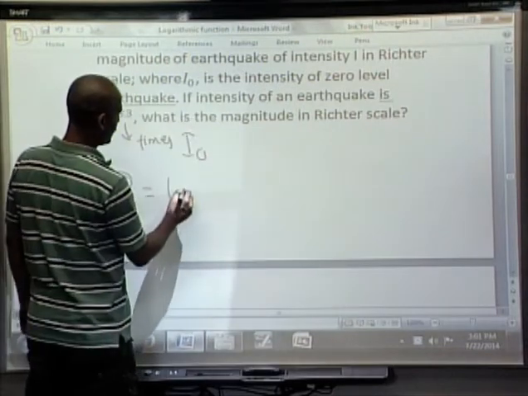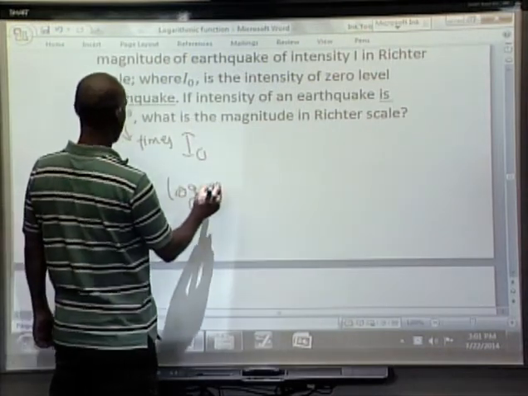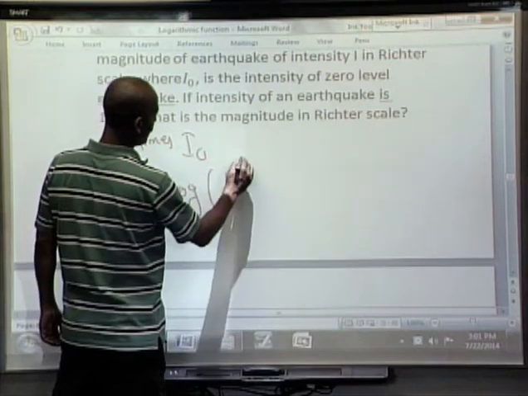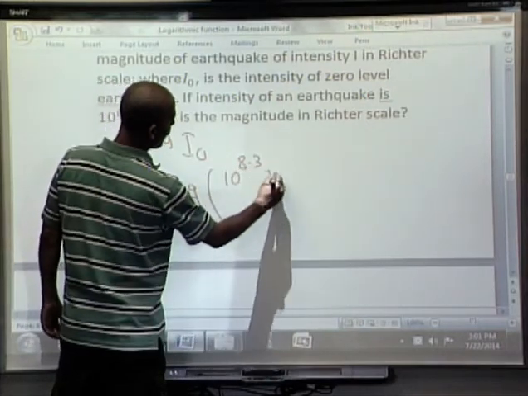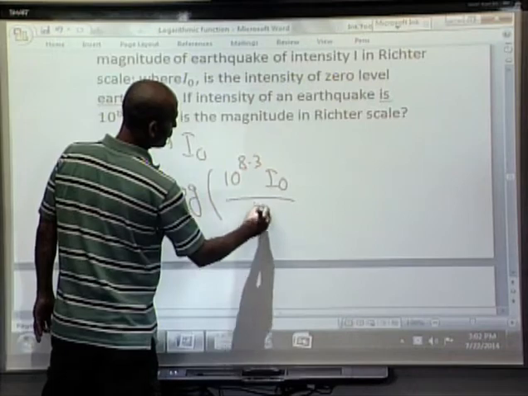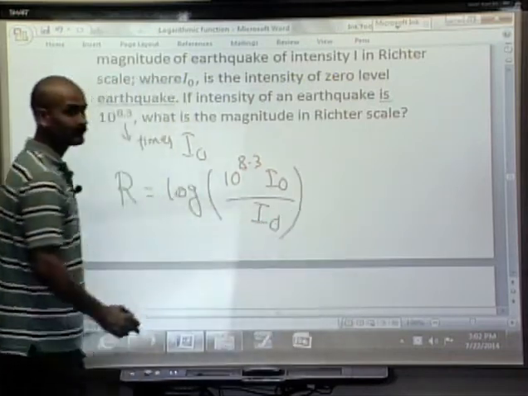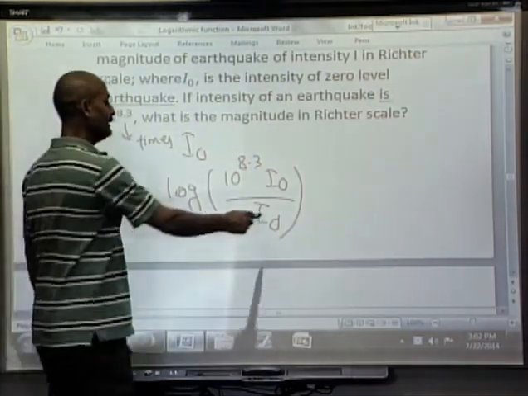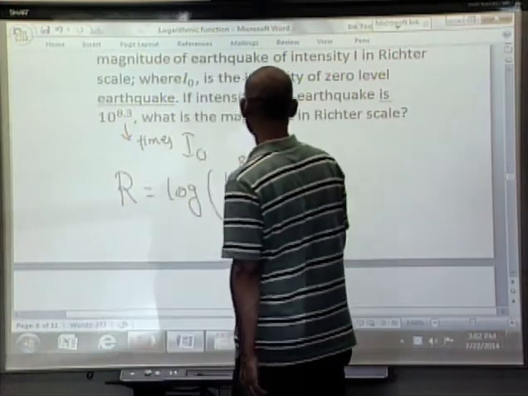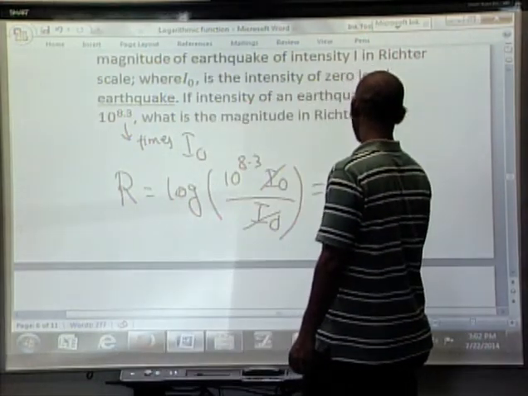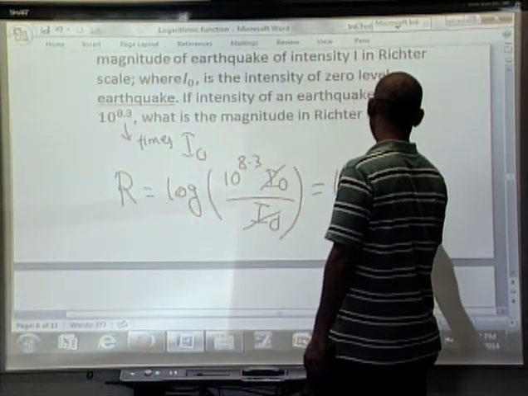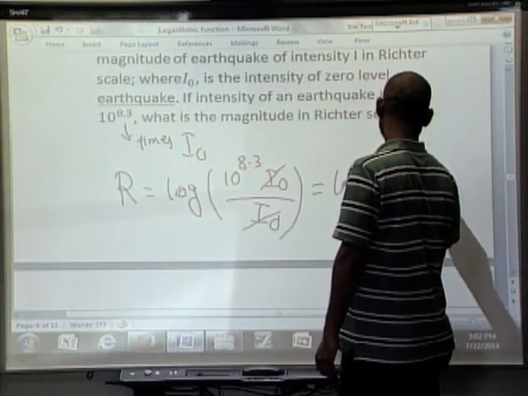So, this is log of 10 raised to the 8.3 times I0 divided by I0. I0 and I0 cancel out. So, basically we will have log of 10 raised to the 8.3.